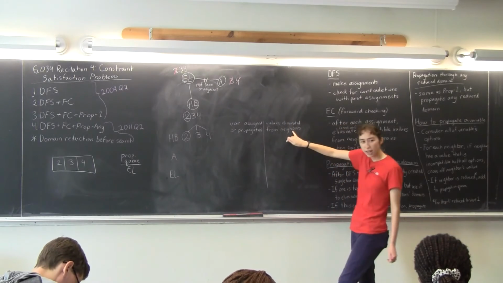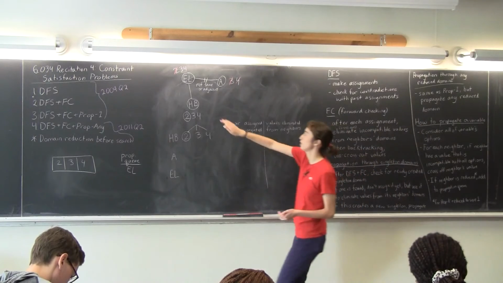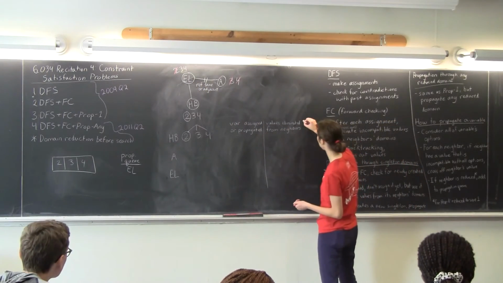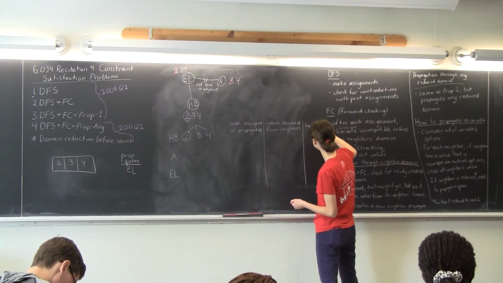Note that we never actually eliminate values from the variable that we're propagating. So if we're propagating the evil lion, we'll never cross off something from the evil lion. You only cross out from neighbors. And then we'll have a column where we can put a check mark if we backtracked.